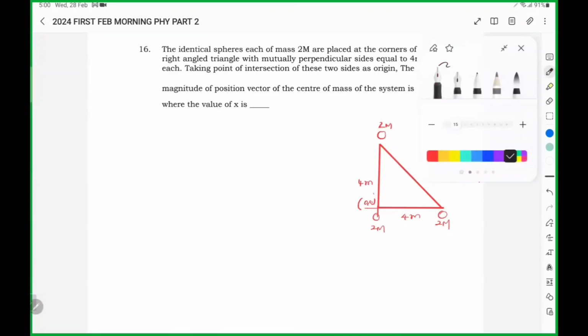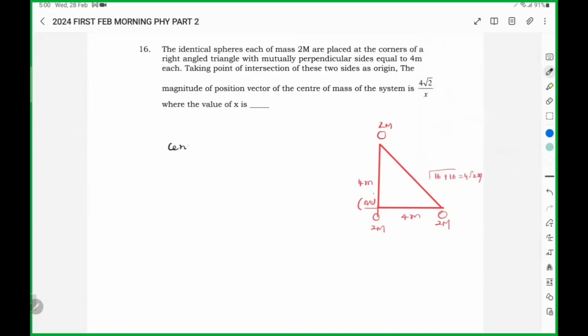So how do you find the center of mass? Center of mass is a position vector: m1 x1 plus m2 x2 plus m3 x3 by sigma mi.